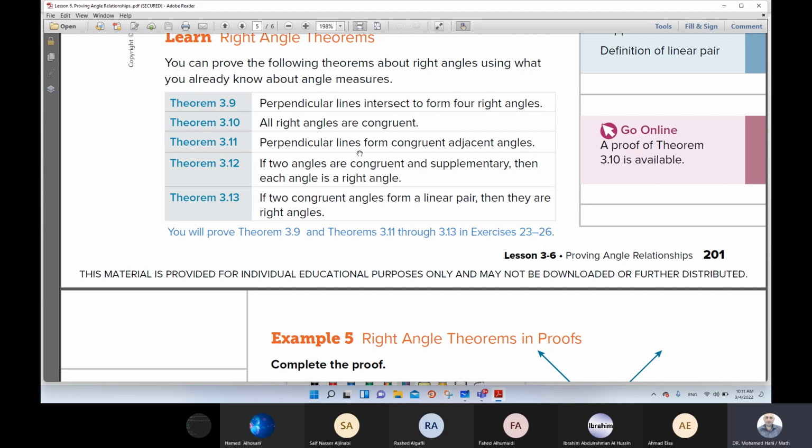Perpendicular lines form congruent adjacent angles. Theorem 3.12. If two angles are congruent and supplementary, then each angle is a right angle. Theorem 3.13, if two congruent angles form a linear pair, then they are right angles.